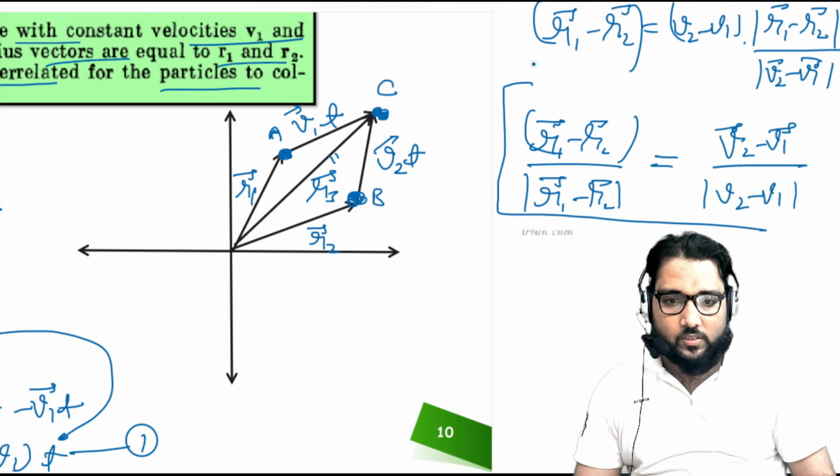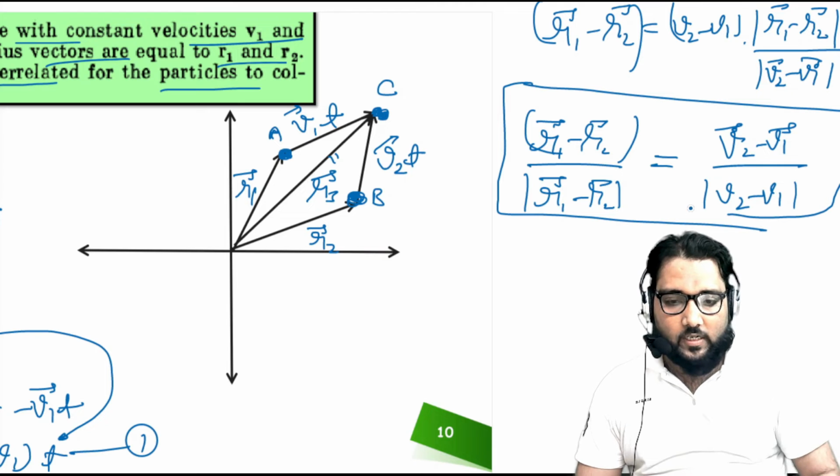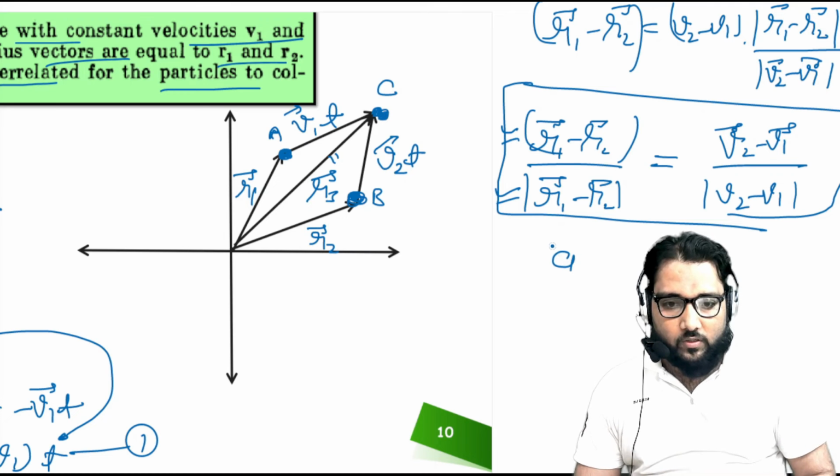So this is the relation between these two vectors. This is the vector and this is the magnitude. Whenever you see this is the vector and this is the magnitude, this is the unit vector. So I can write down this portion in this way: r12 unit vector is equals to v21 unit vector.